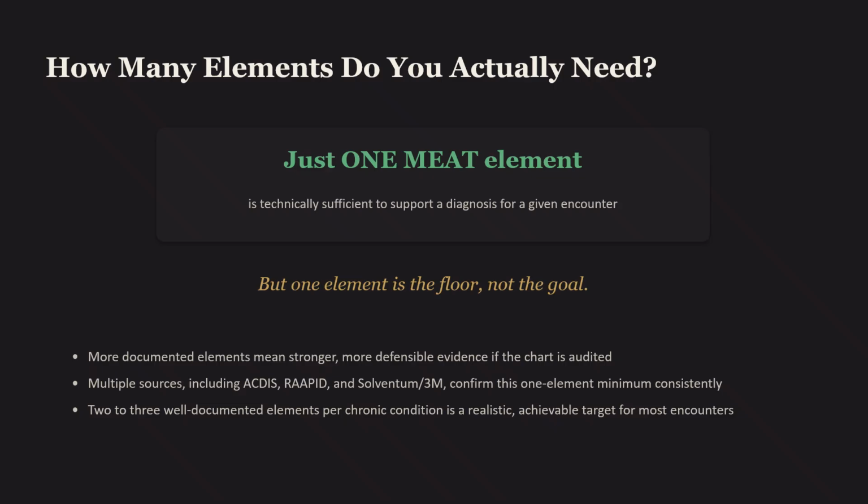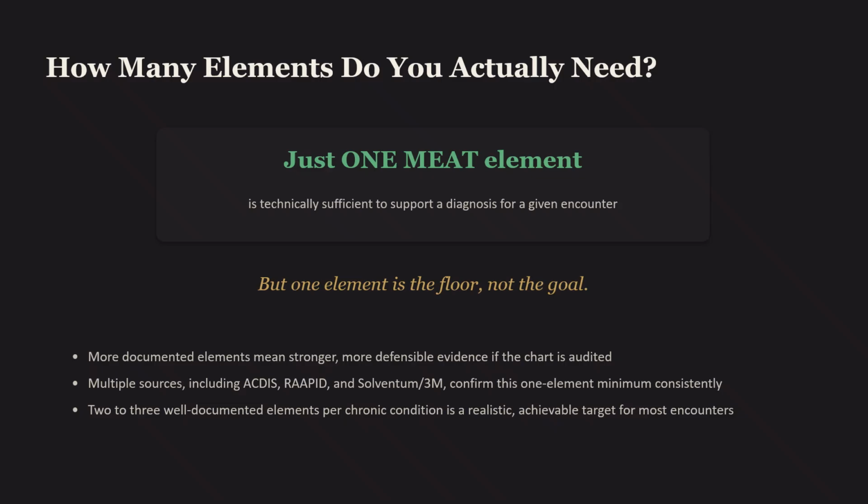But here's kind of a nuance that matters with that. One element is the floor, right? It's not the goal. It's just kind of the legal minimum, not the safe target. So if your documentation only ever hits exactly one element, you have zero margin for error. One ambiguous phrase, one auditor who reads a note slightly differently than you intended, and that diagnosis is gone.